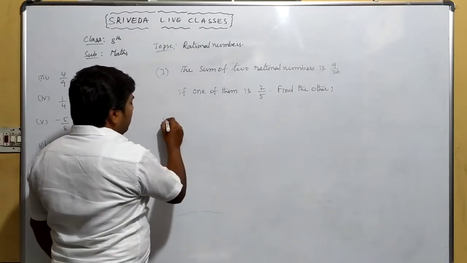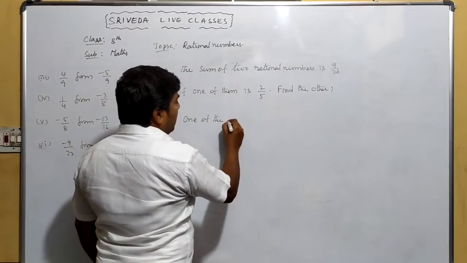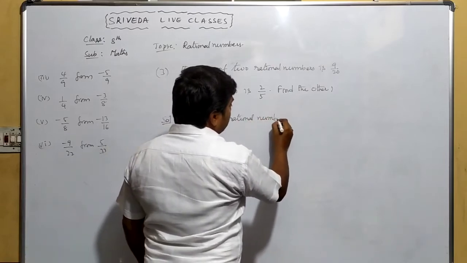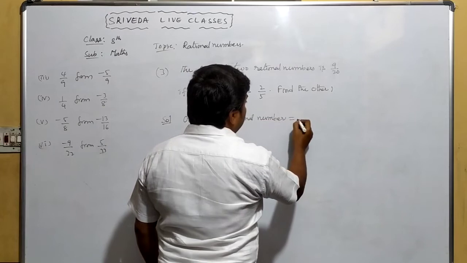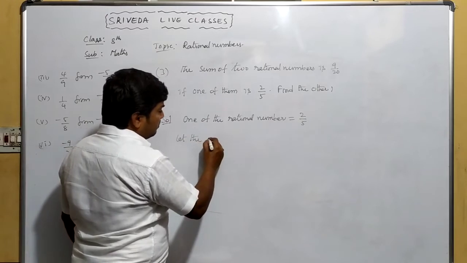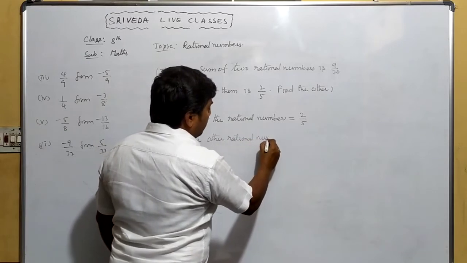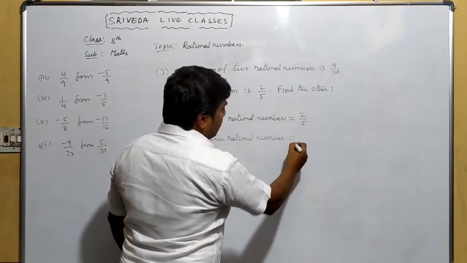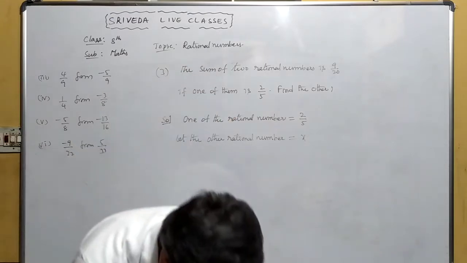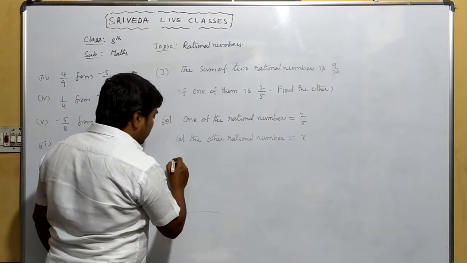See, here is the solution. Let one of the rational numbers be equal to 2 by 5. Let the other rational number be equal to X. You can take it as X. So what is given?